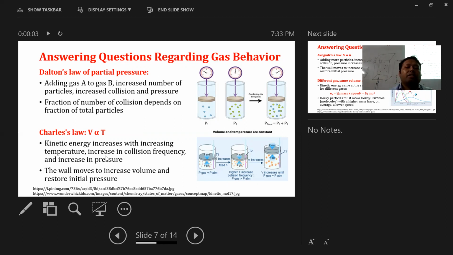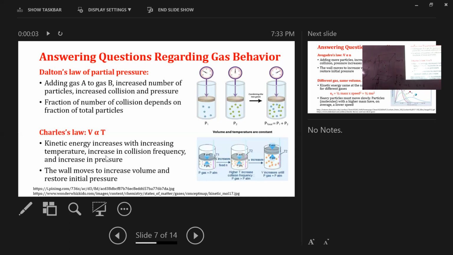Actually, if we increase the temperature, first let us consider we are not giving the heat. As we already mentioned in the kinetic molecular theory, all the gas molecules are moving randomly with a constant motion or constant speed.